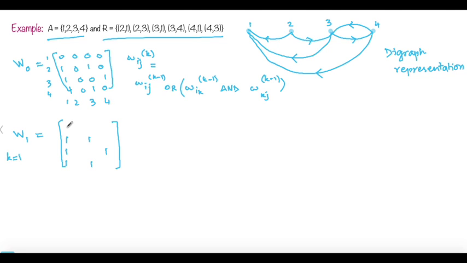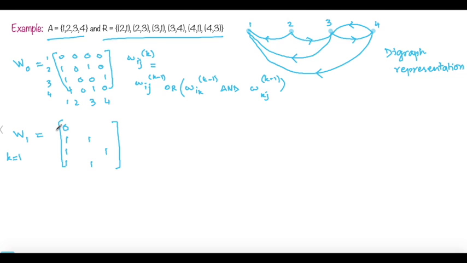So we are talking about 1 1 here, so 1 AND 1 AND 0 is 0 here, and then k is equal to 1 again, 1 AND 1 AND 0 is again 0, and 1 AND 1 AND 0 is 0 here.